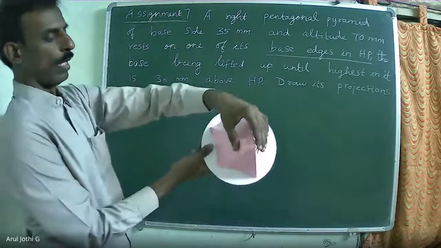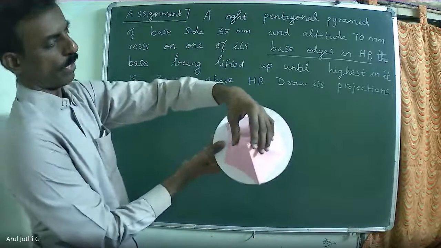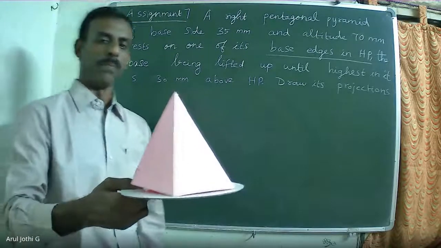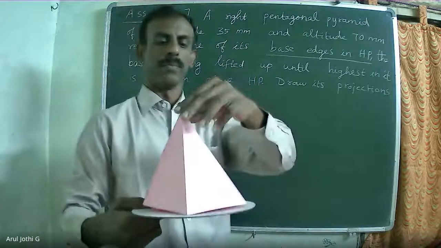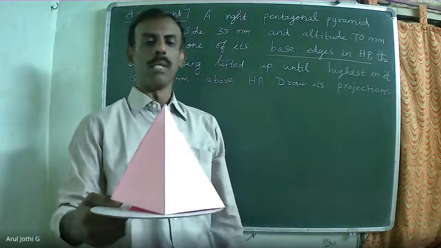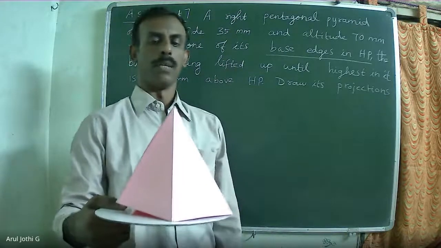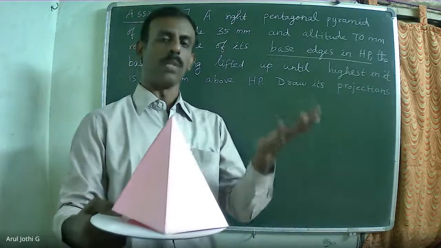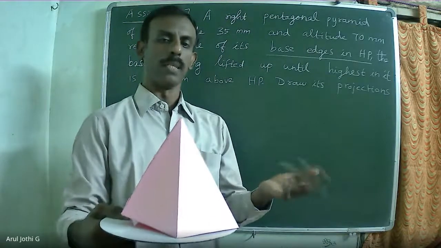Okay, I'm going to keep one side of the base perpendicular to VP. In this orientation, I'm going to keep the pentagonal pyramid. Now, the base is being lifted up such that the highest point of the base is lifted to the height of 30 mm.